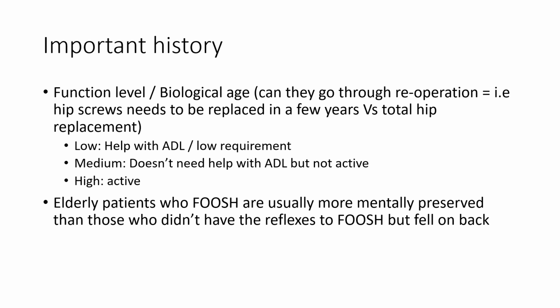Okay. Also, a little bit more in terms of highlights. Elderly patients who FOOSH usually have some kind of mental capacity left, right? They have the reflexes somewhat left. If they don't FOOSH, it might say that they don't have the capacity, the speed, or the agility to actually do this anymore.